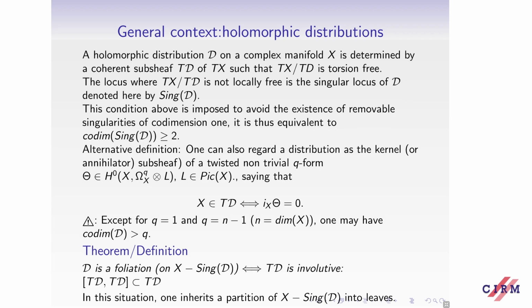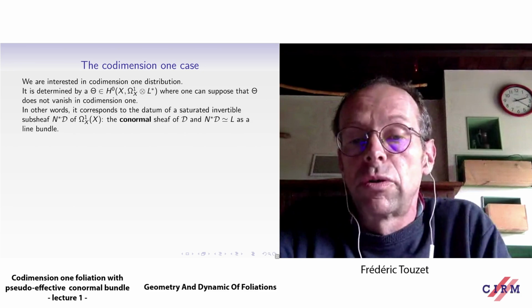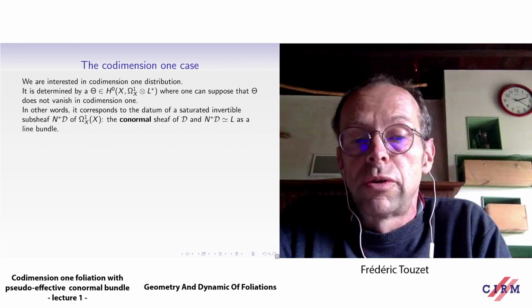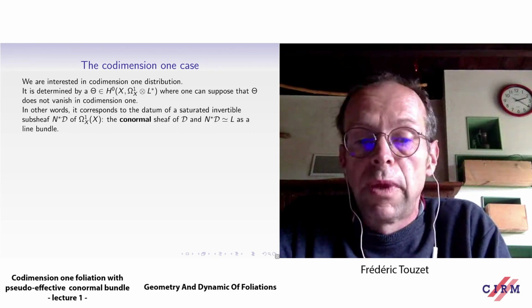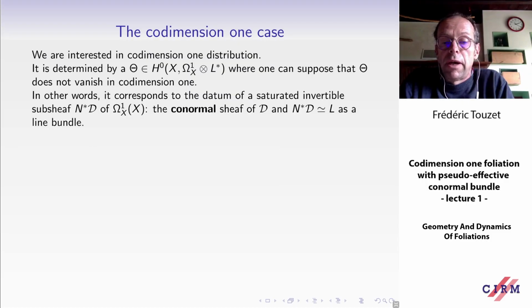Okay, so here I will focus on the codimension 1 case, that is, the distributions of rank n-1. Namely, it is determined by a twisted 1-form, and we can suppose that this form does not vanish in codimension 1, which corresponds to the saturation condition.